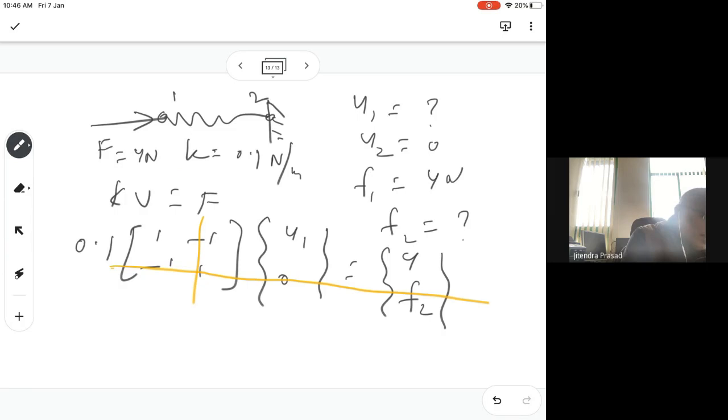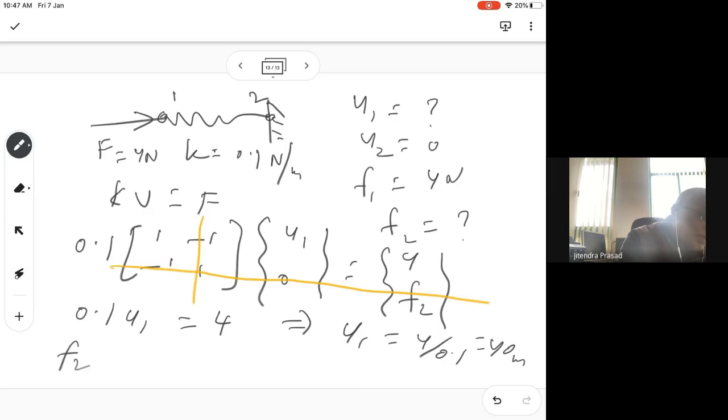Now what we get? 0.1 U1 equal to 4, and hence we get U1 equal to 4 over 0.1 equal to 40. Yeah, we get some numerical value, 40 meters. That's U1. Now, once you have U1, you can solve for F2.